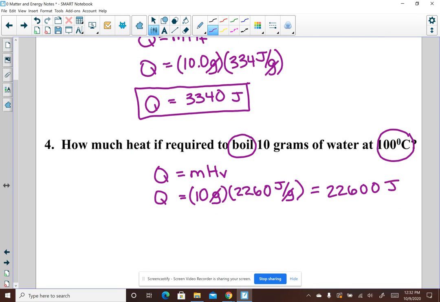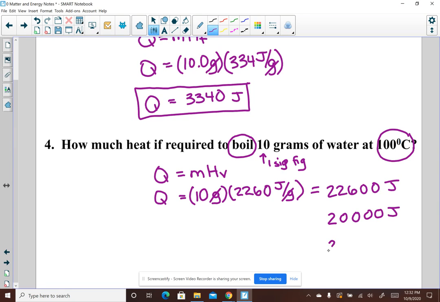Okay, now this is a tricky one for sig figs because if I look at this mass, there's no decimal in it. So the number 10 here only has one sig fig, which means I need to round my answer so that there's only one sig fig. So I would round this down to 20,000 joules.